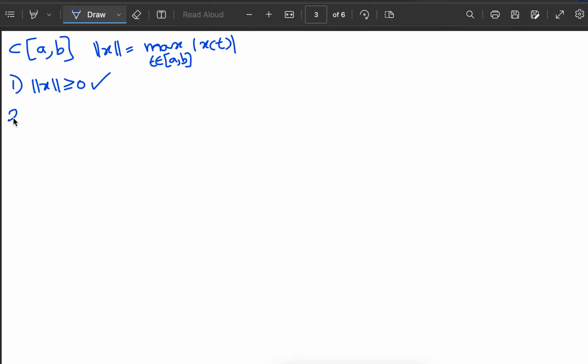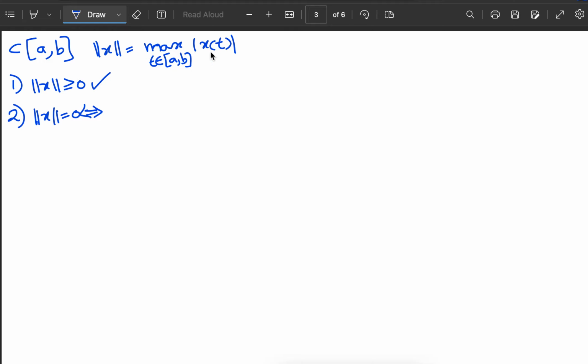Now let's check the second property. Second property is norm x is equal to 0 implies we need to show that x is equal to 0. So norm x is equal to 0 if and only if maximum of mod x of t is equal to 0.